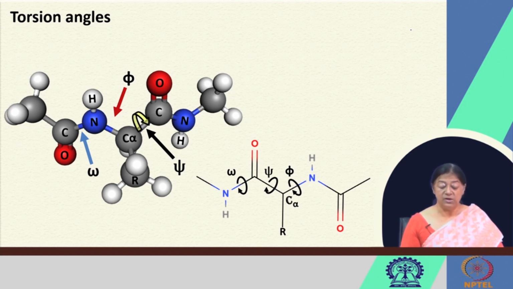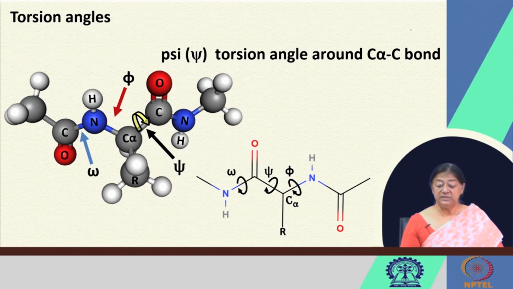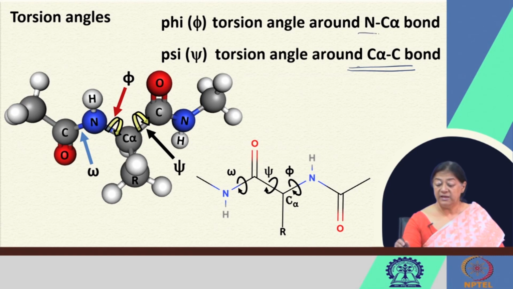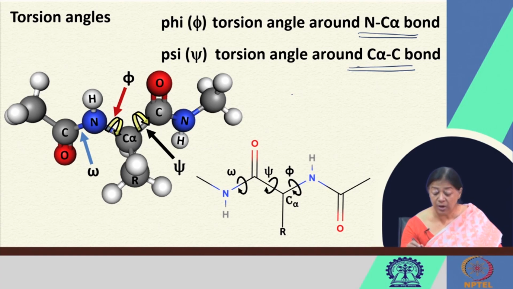So, here is our psi angle, the torsion around the C alpha C bond, as you can see here. The phi angle is the torsion around the N C alpha bond. When we are looking at the N C alpha C O, this is what our backbone is. You have to remember the backbone: N, C alpha, C double bond O. We do not consider the H or the R right now.